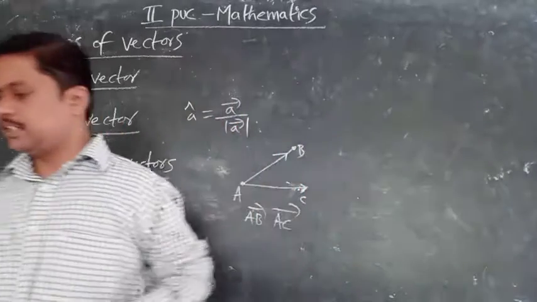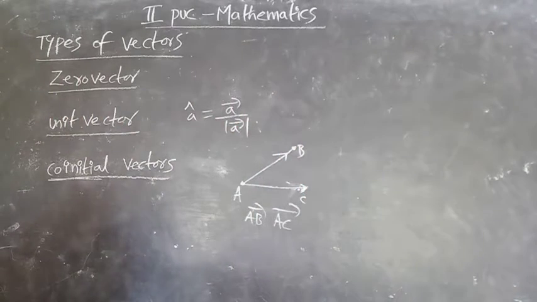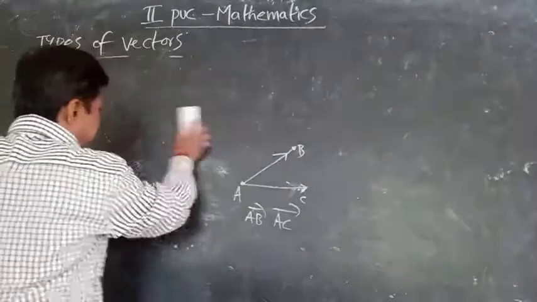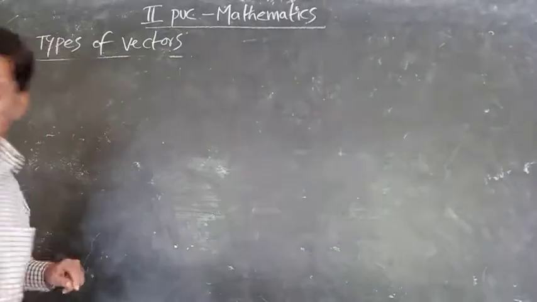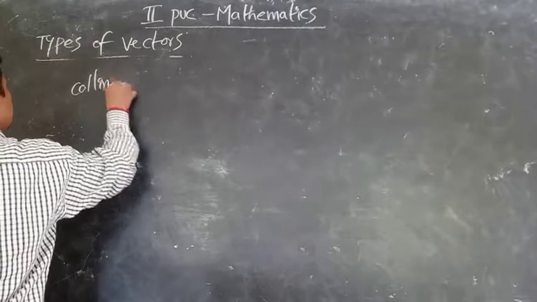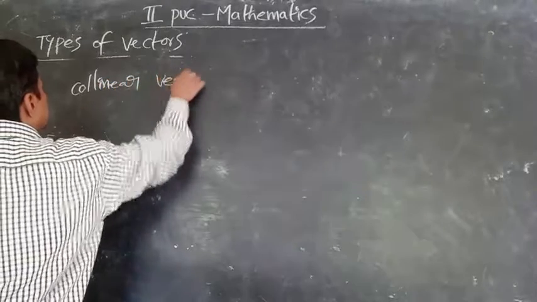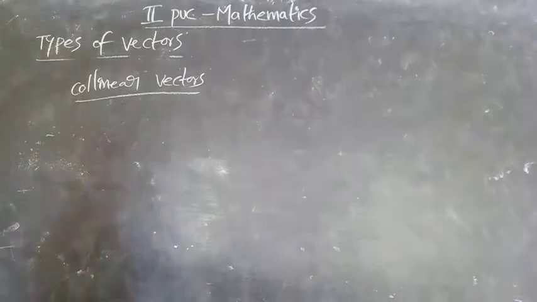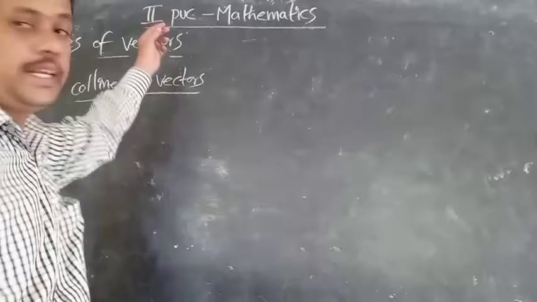Next we move to collinear vectors. What is the meaning of collinear vectors?